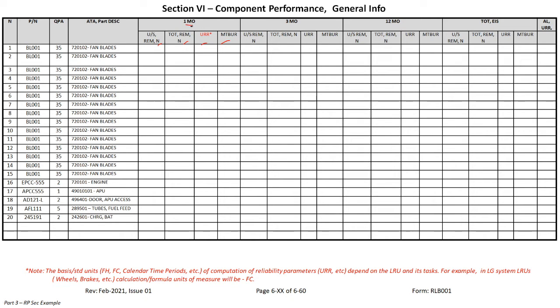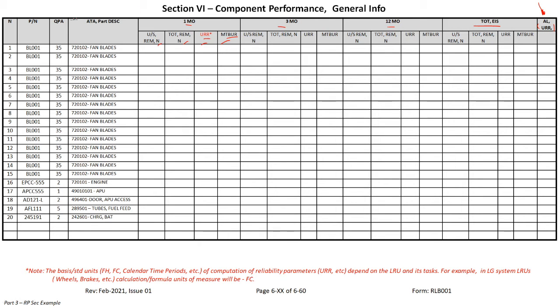This is 1 month, 3 months, 12 months, total since entry into service, and the last item here is alert levels, which is just using URR. We could use MTBR, okay? Again, this is an example.